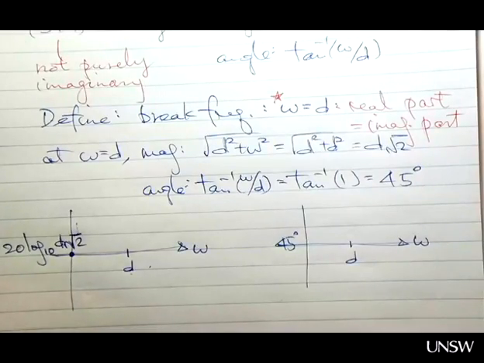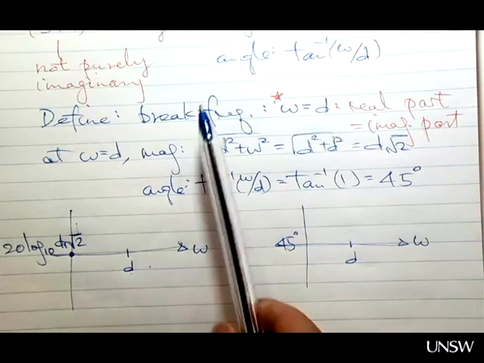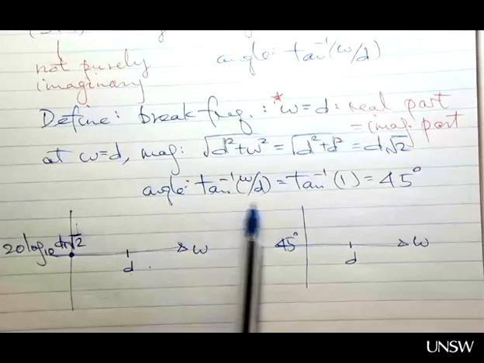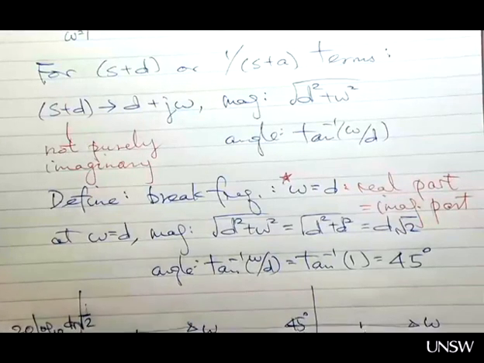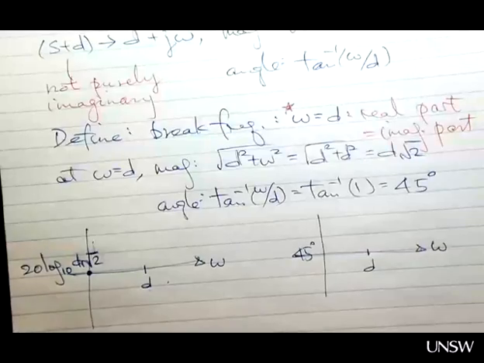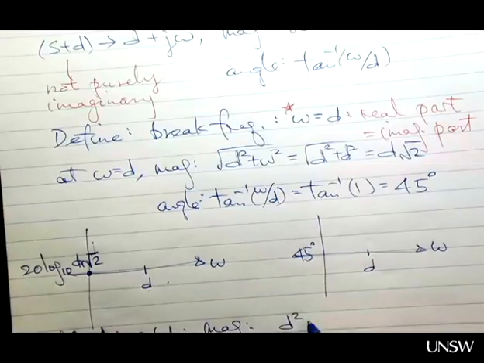So for this case, s plus d. If we now change omega to 0.1 d, then the magnitude becomes the square root of d squared plus 0.1 d squared.